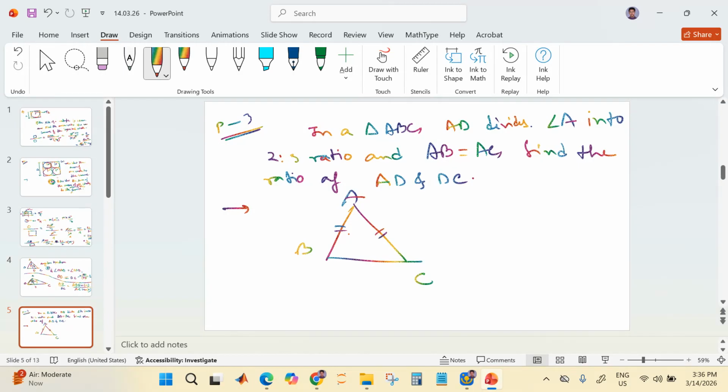Then the angle ratio, suppose this is 2x and this is 2y, then tell me what is the ratio. Sorry, I wrote AD wrong, it will be BD. BD and DC, it asks to find this ratio. It is BD, not AD, it is BD.